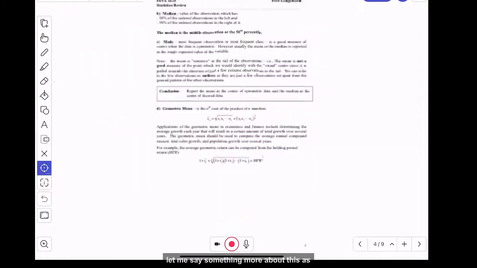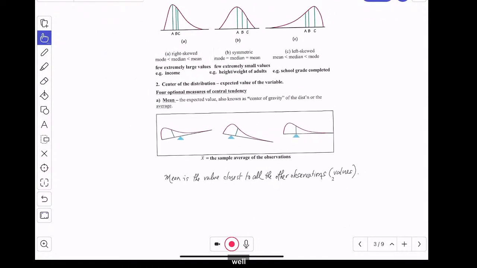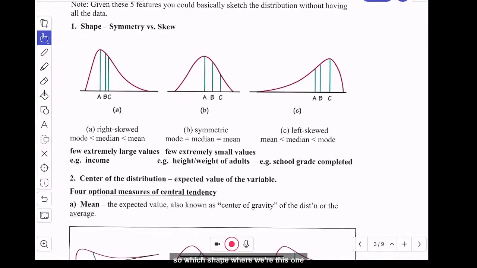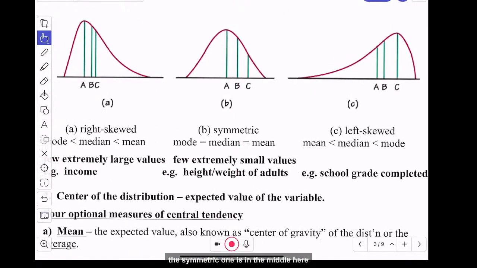Let me say something more about this as well. So here we have the different shapes, right? This one, we're right skewed. And the right skewed distribution is different than the symmetric one. The symmetric one is in the middle here.